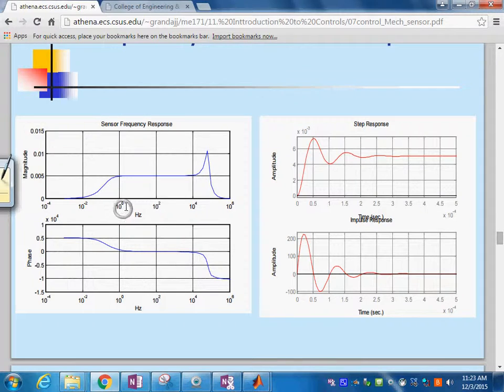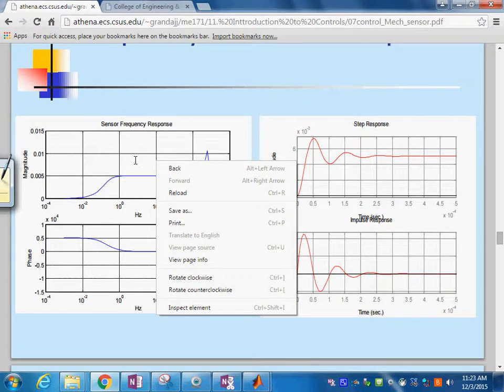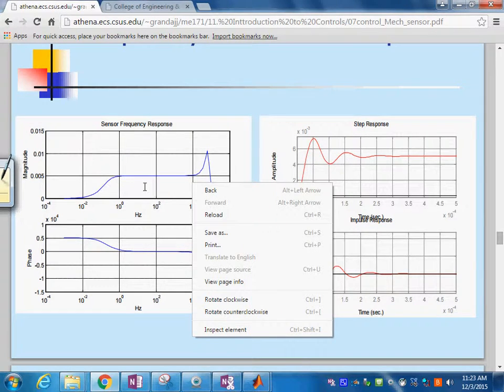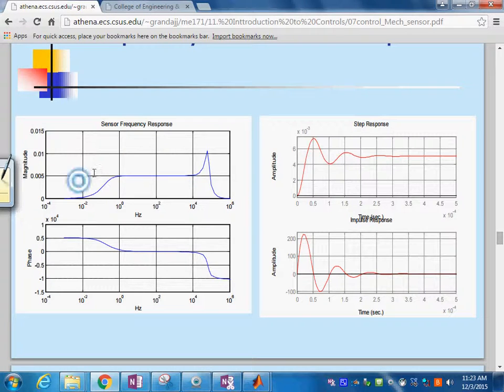What does this mean? In this area, the sensor is perfectly okay. But if you operate that sensor between these frequencies or over here, your output does not track the input and it behaves wrongly. So your sensor is only good between 1 and about 10,000 hertz. After that, it is not the way we want it.